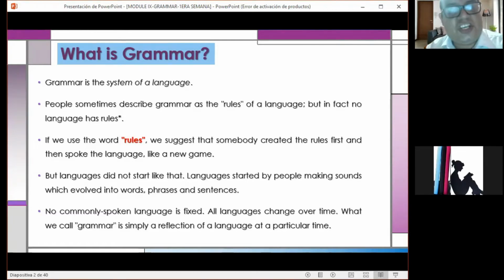So the language is changing, and we reflect some aspects of the language at a particular time. So we cannot say exactly that grammar is the rules. In general terms, yes, we refer to grammar as the rules of the language. But at the beginning, it wasn't like that.